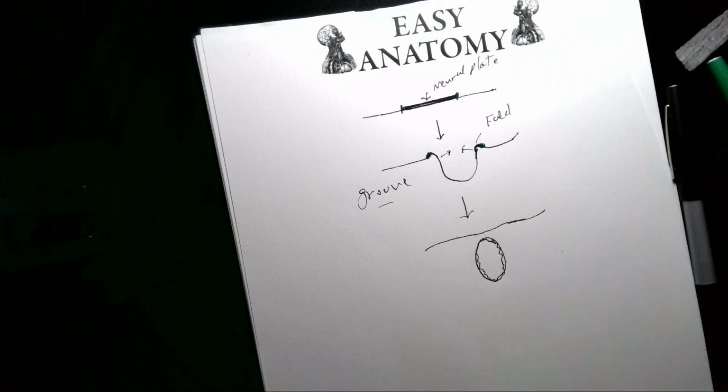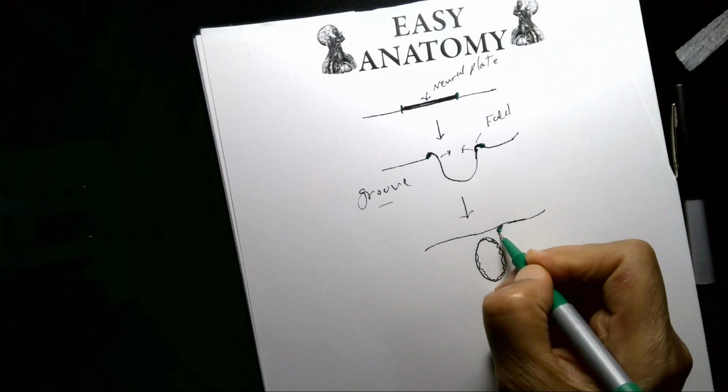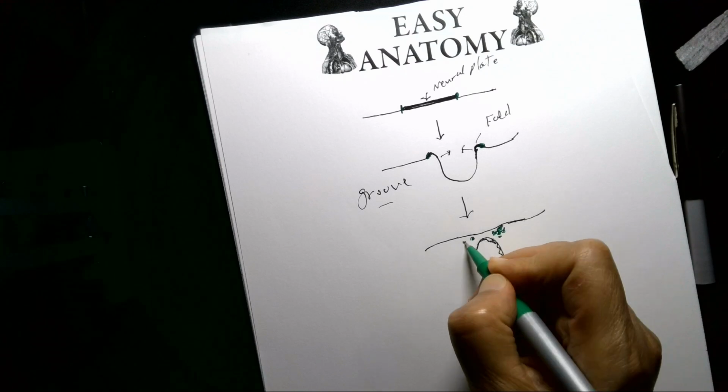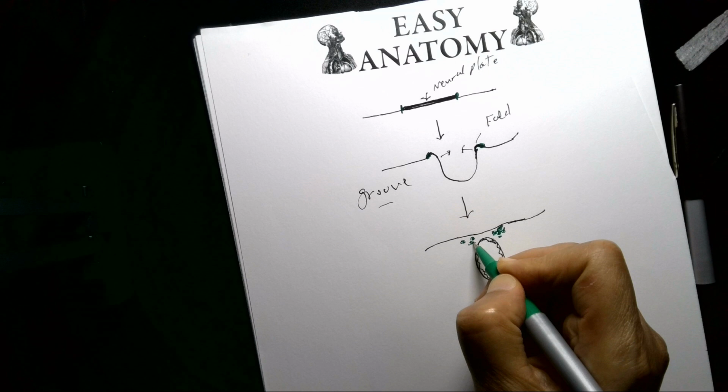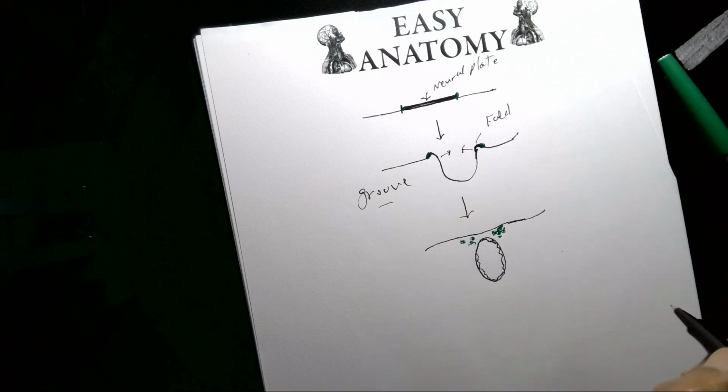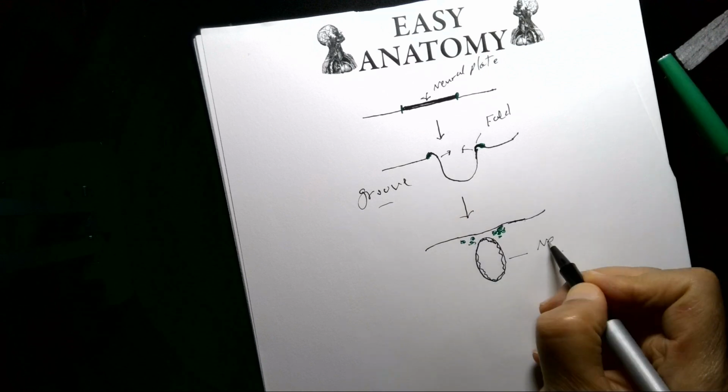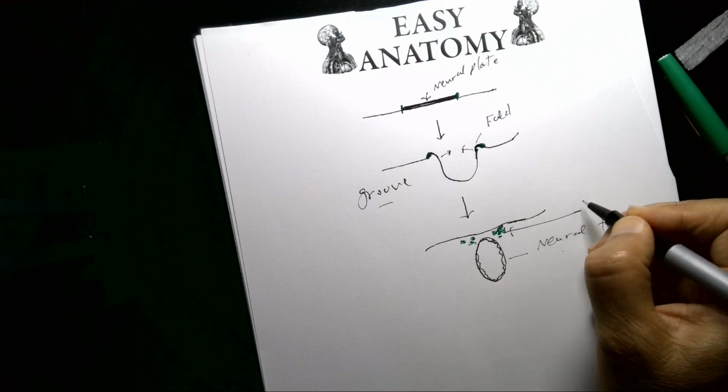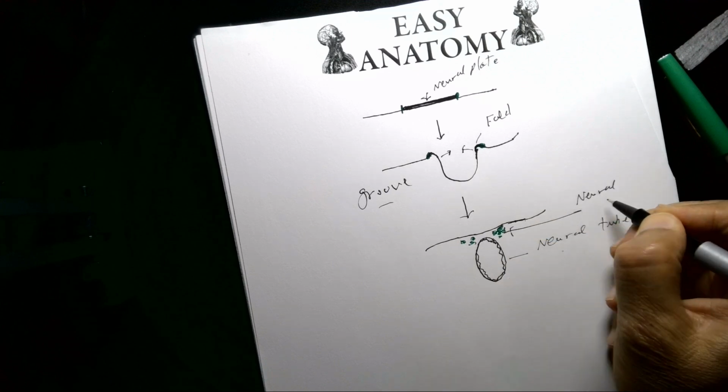And then the cells from the fold form what we call the neural crest. So this is the neural tube, and these cells become the neural crest.